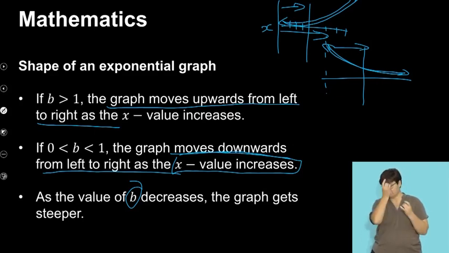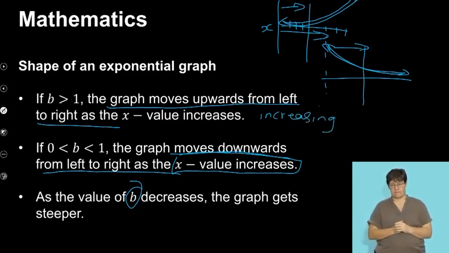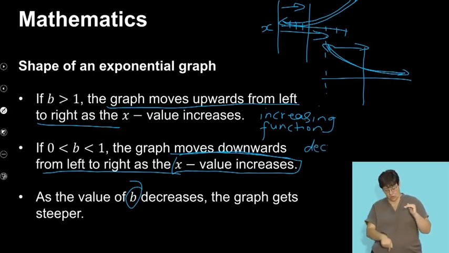Now, let me tell you, we normally call this first one, when b is greater than 1, the increasing function, which you need to know, because at times the question might be, is this increasing or decreasing? But with this one, this is a decreasing function.